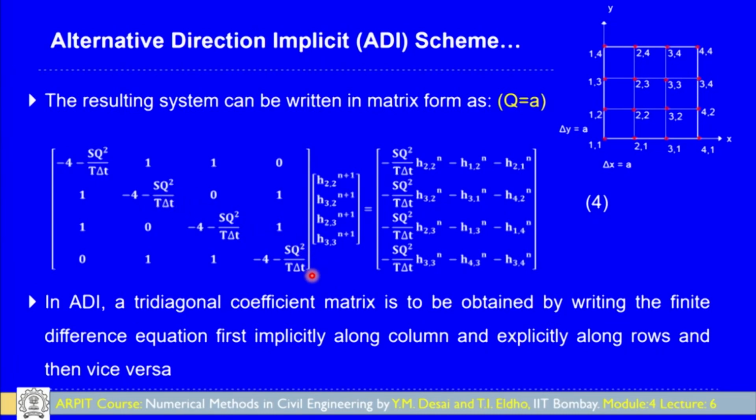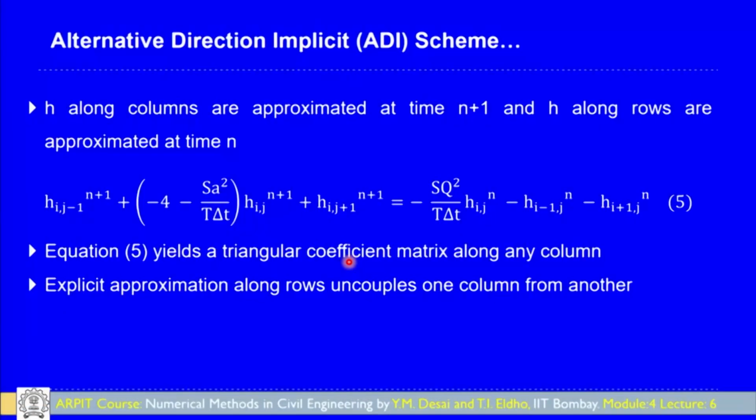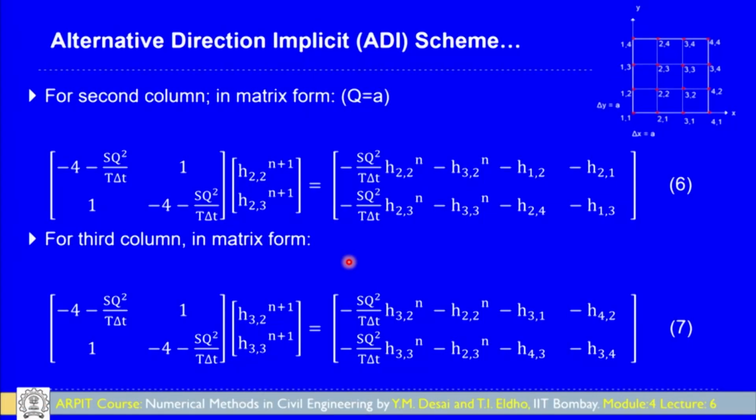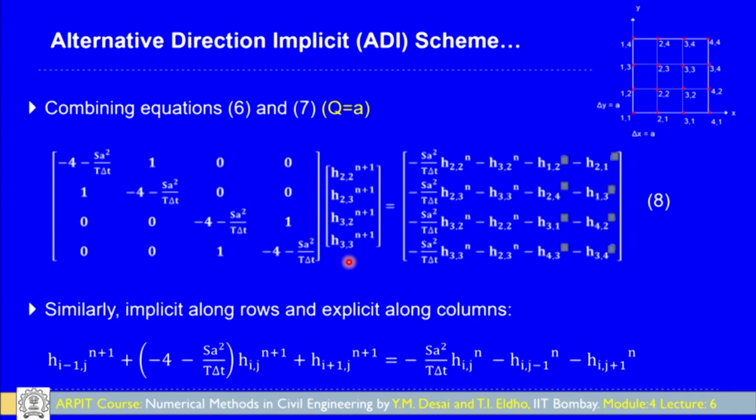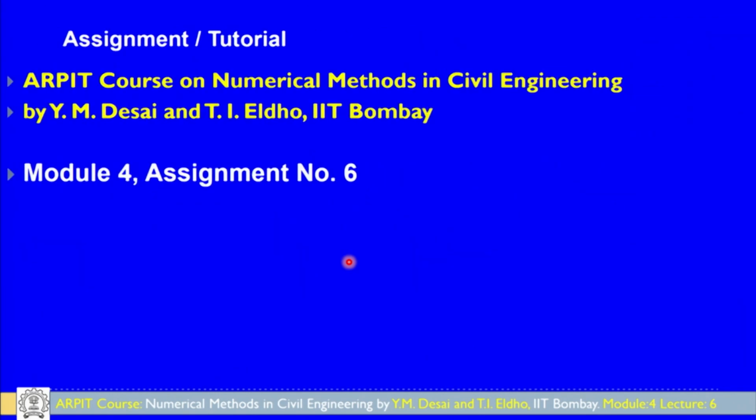So, we are transforming this into a tridiagonal coefficient matrix by first doing it along the columns as implicit and then explicit, and vice versa. That is the basic principle. That operation is done here in equations 6, 7 and 8, and similarly we can write along the rows implicitly and explicitly along columns, and like that we can continue. So, that is about the implicit scheme.